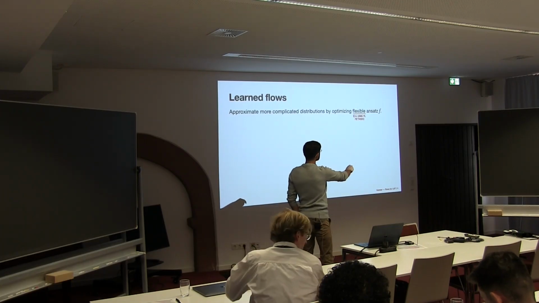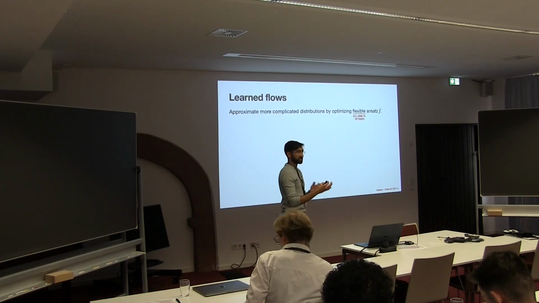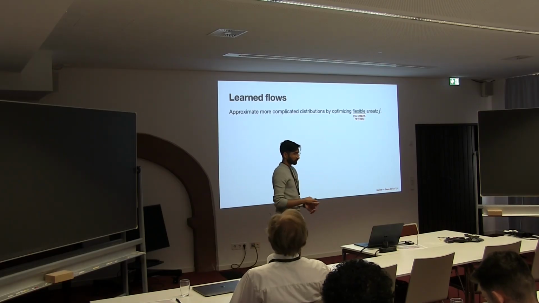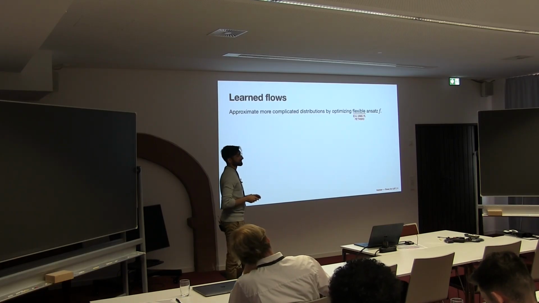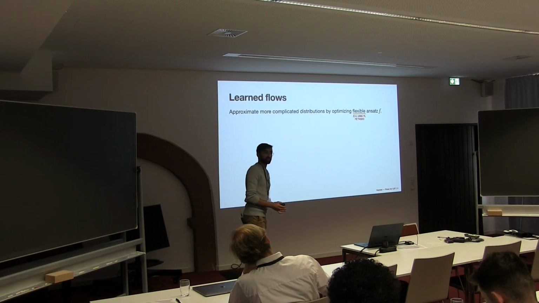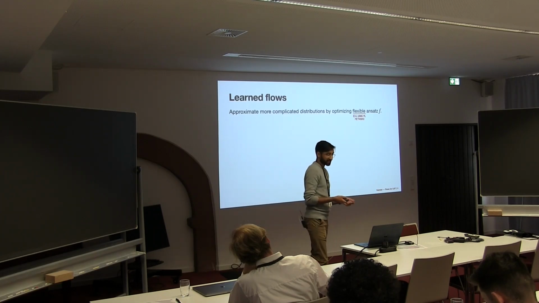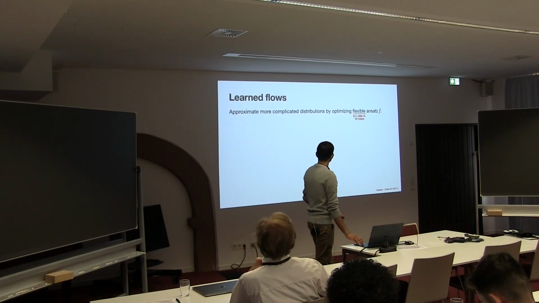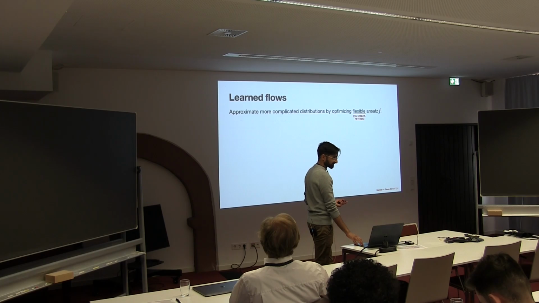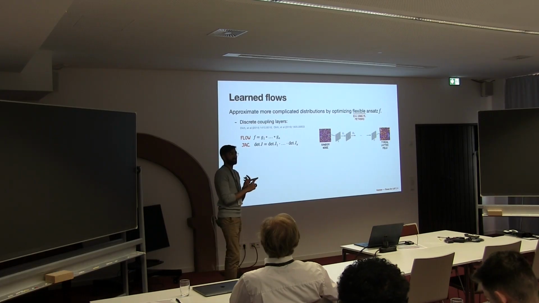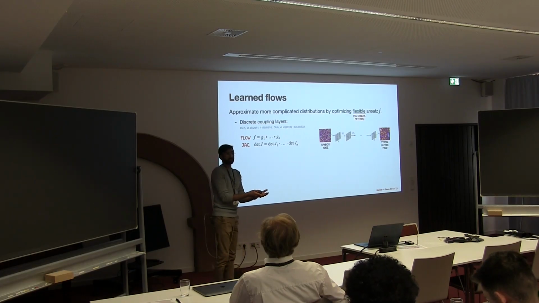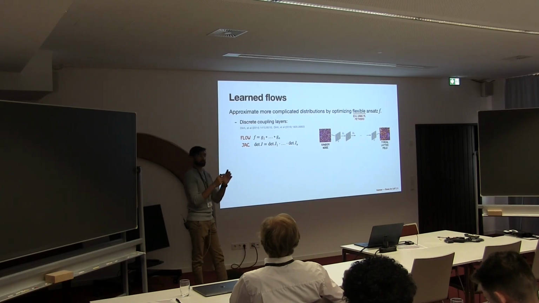And I call it a flexible ansatz, but what I mean by that is potentially using machine learning tools like neural networks and so on, which for now one can just think of as a black box function approximator where I can increase the parameterization complexity to increase the quality of my approximation. So how do we actually potentially construct these learnable transformations? The main challenge of constructing these is that they have to be invertible and differentiable in order for me to be able to extract that change of measure formula.